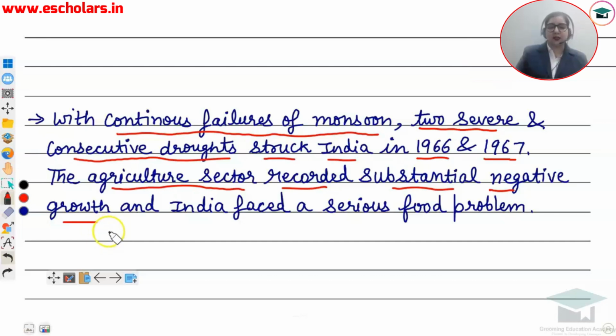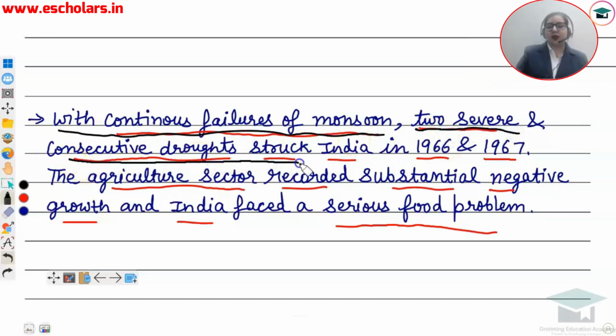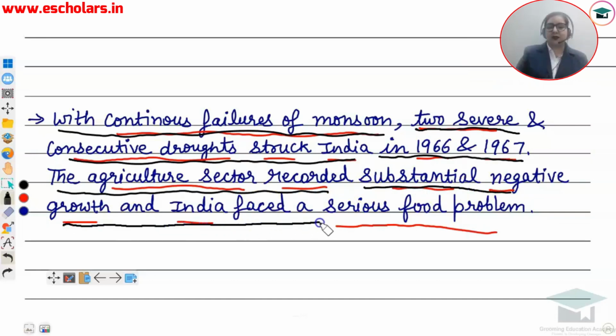So India was facing a serious food problem in 1960s. So let's have a look. With continuous failures of monsoon, 2 severe and consecutive droughts struck India in 1966 and 1967. The agriculture sector recorded substantial negative growth and India faced a serious food problem.